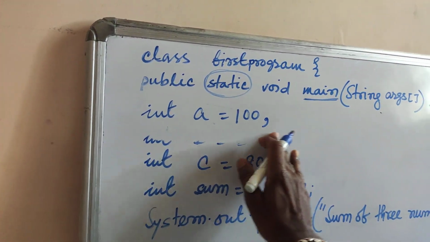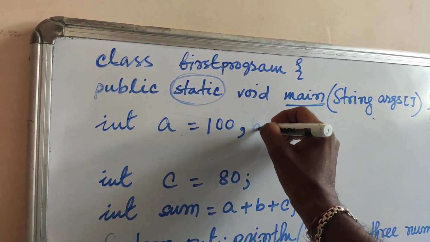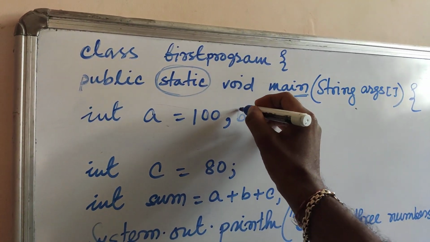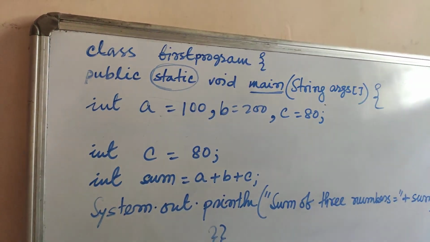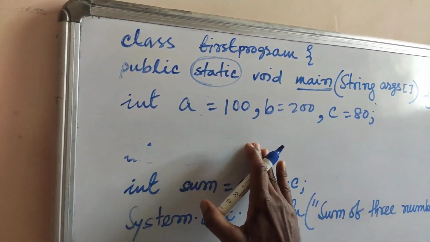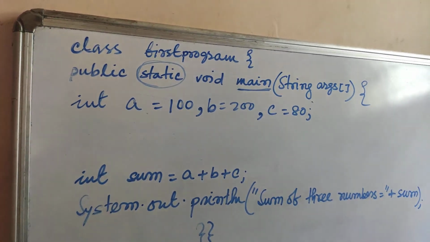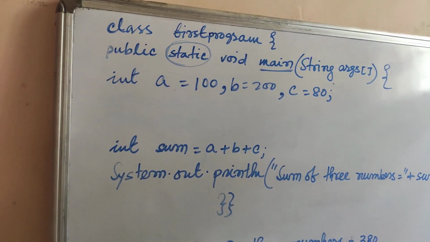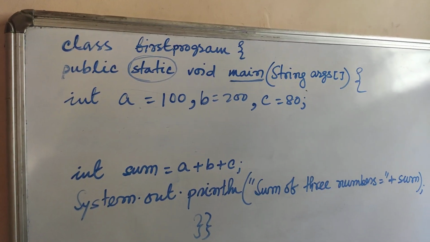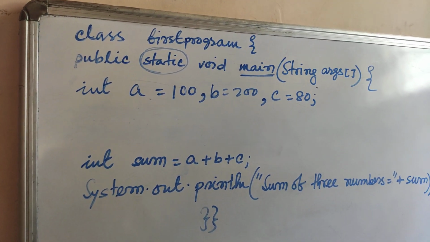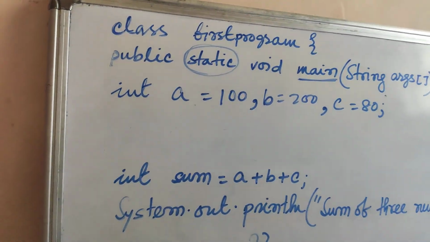Just see, in the same line I can write int a equal to 100, b equal to 200, comma, c equal to 80. When the variables are of the same data type, we can write it this way. a, b, c, all these data types are int. That's why you can write it by using commas.